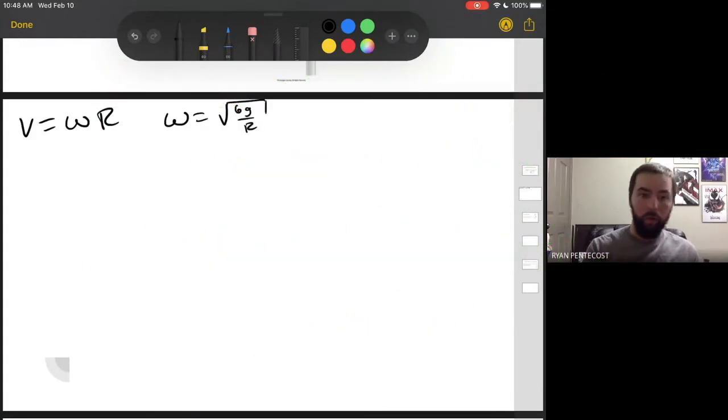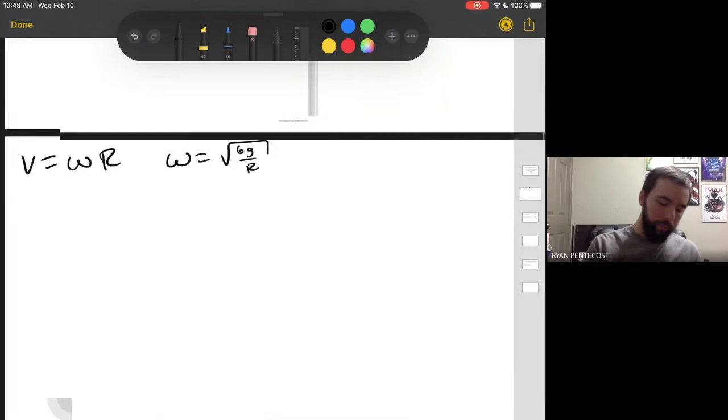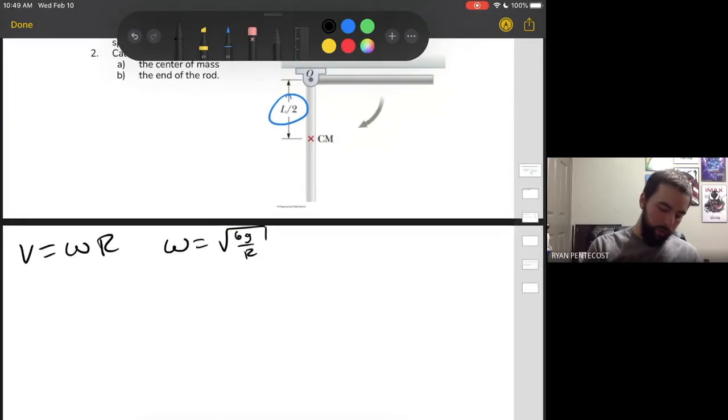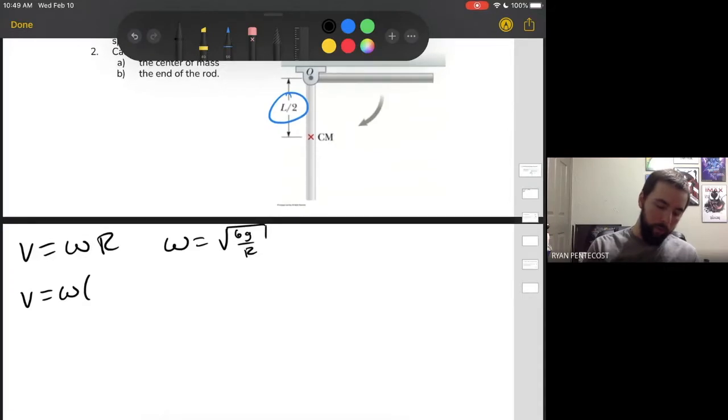Since we're going to use r for this, I'll keep that in terms of r. Now we want the velocity at the center of mass. So we've got v equals omega times the radius, which for the center of mass would be L over 2. So you've got r for that.